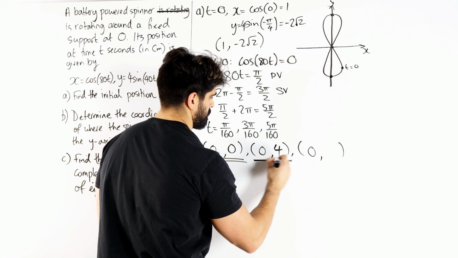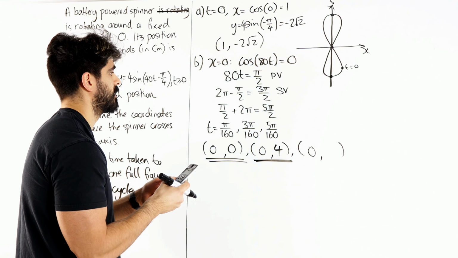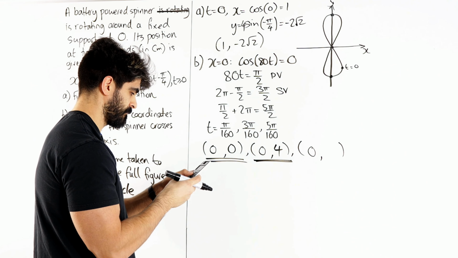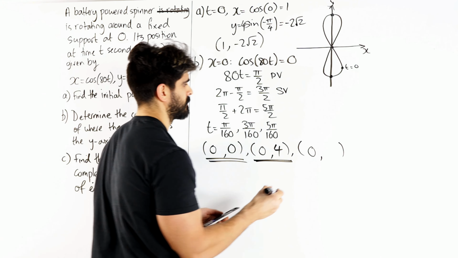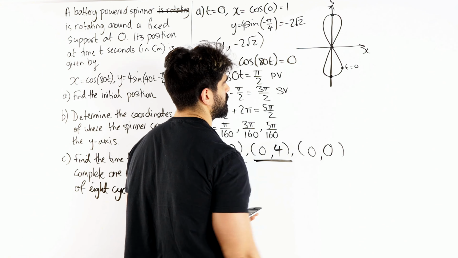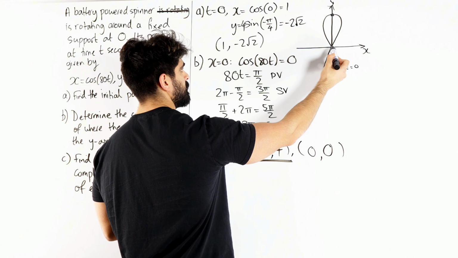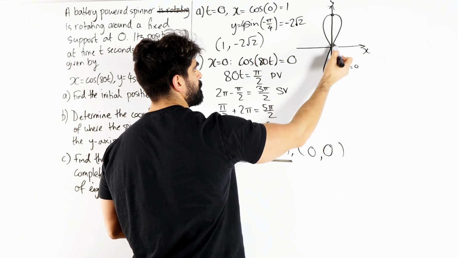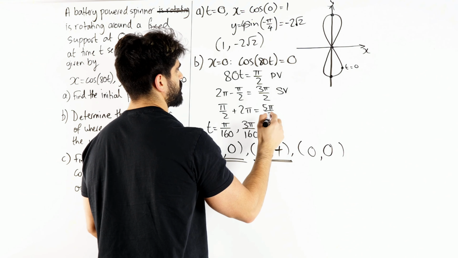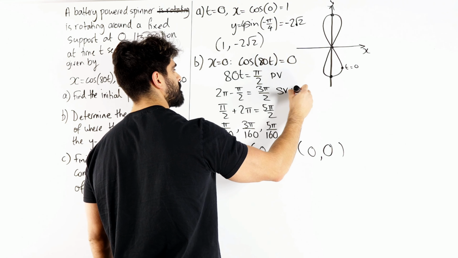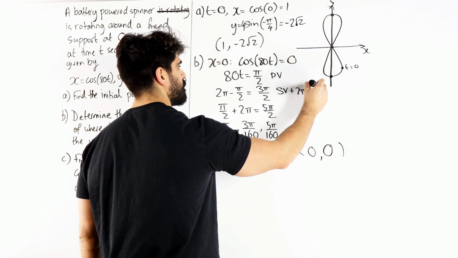And then I'm assuming the next one's going to be minus 4. So I have 5 pi over 160. Oh, 0 again. Aha. Why is that? Oh, so it's going 0, 4, then back to 0, then down here. So actually, I needed to find another solution, so I'm going to add 2 pi to this, which is 7 pi over 2.